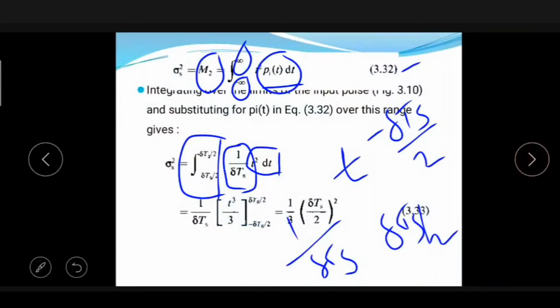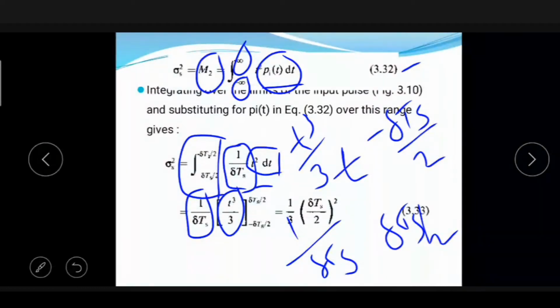Now if I integrate, I'll get 1 by 3 into delta Ts by 2 the whole square. So 1 by delta Ts, the integral of t square is t cube divided by 3, so this is t cube by 3 with limits delta Ts by 2 to minus delta Ts by 2.